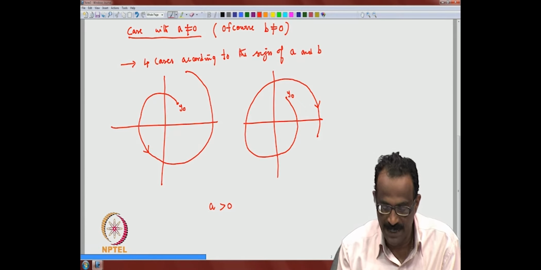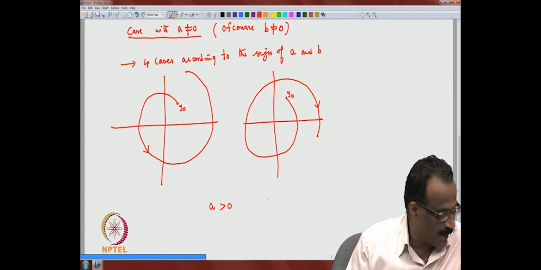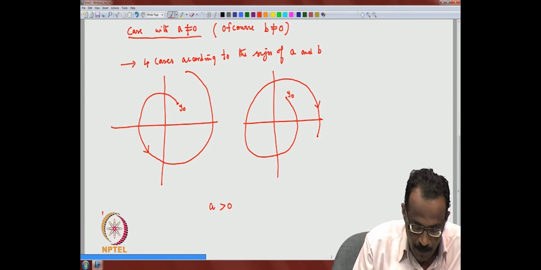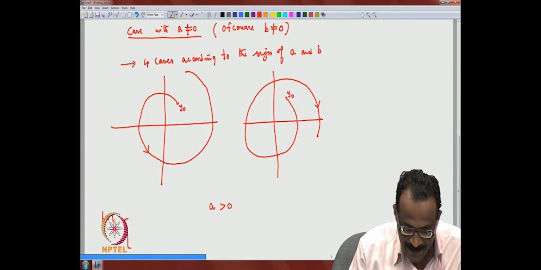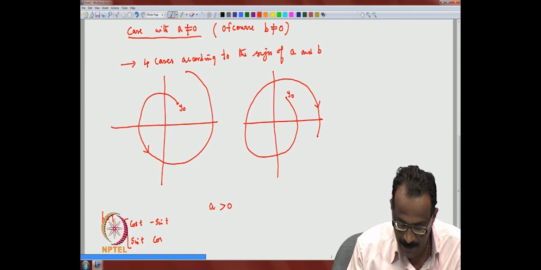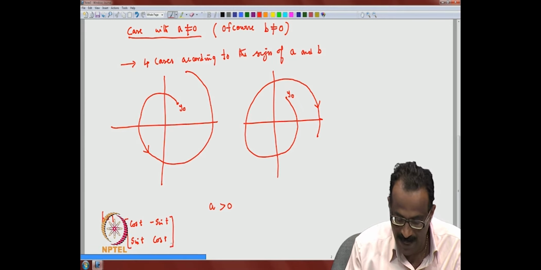The best way to check is to consider a specific case, for example with B positive. What will happen to that? If you want to check here, say choose B equal to 1. So your matrix is cos t, minus sin t, sin t, cos t. This is the way you have to look at it, and see the vector which is starting from 1 0.